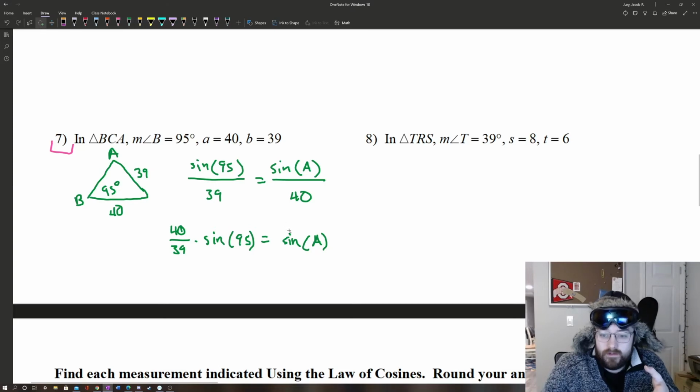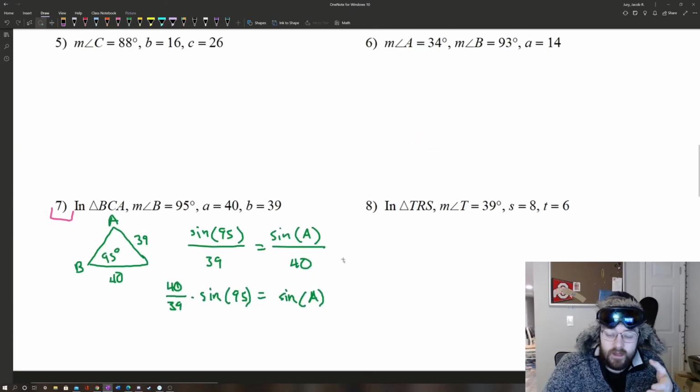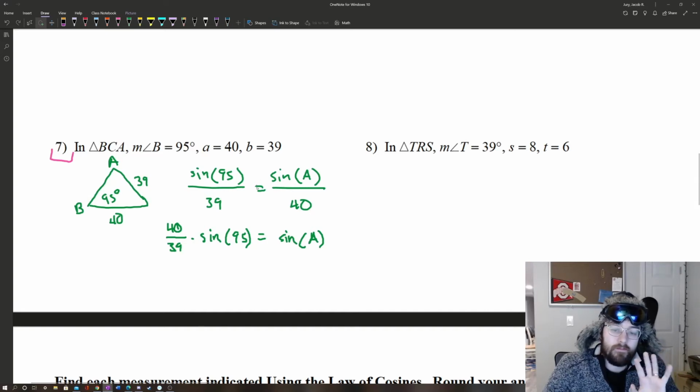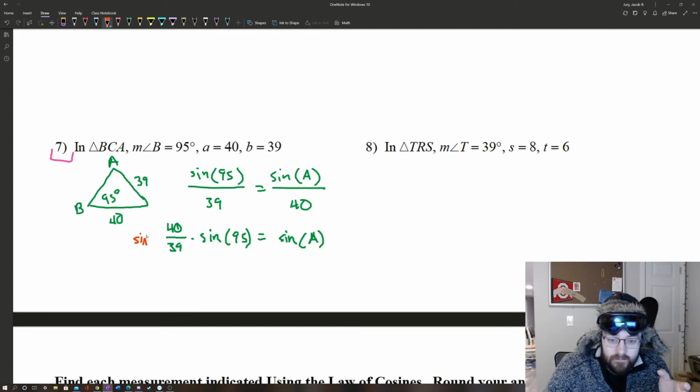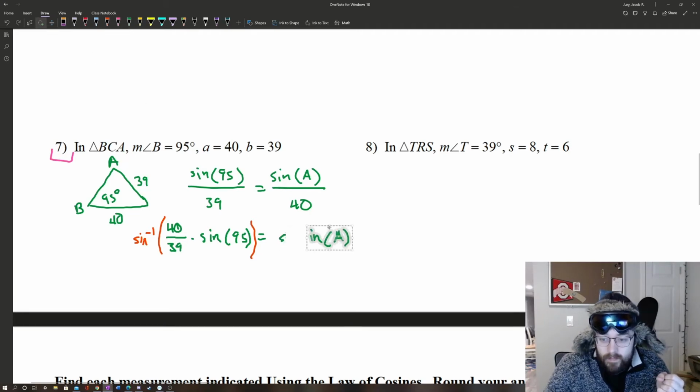Well, we have to take the inverse sine of each side. So we would have to undo the sine operation of each side. And this right side would have to be undone.